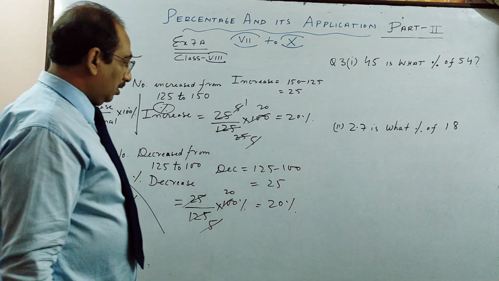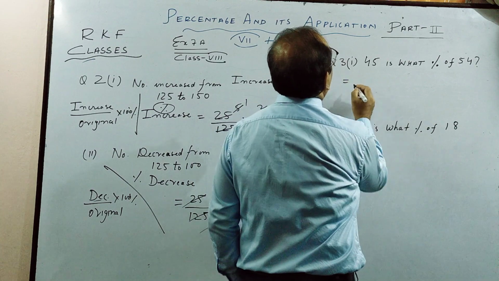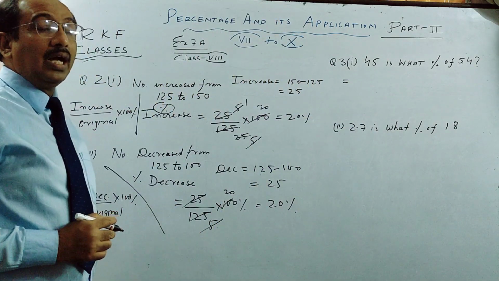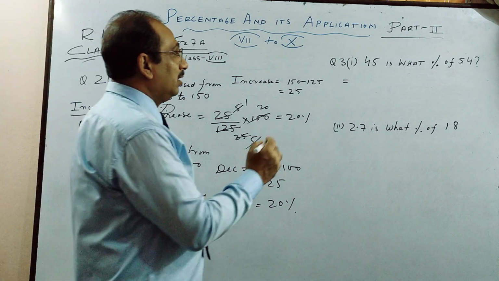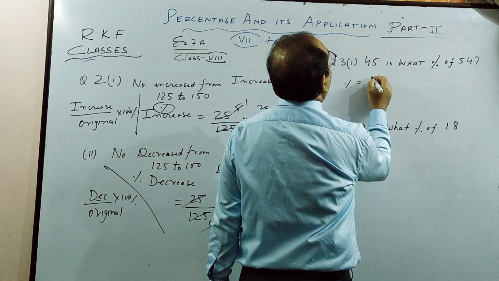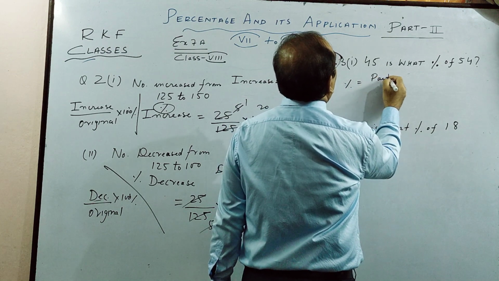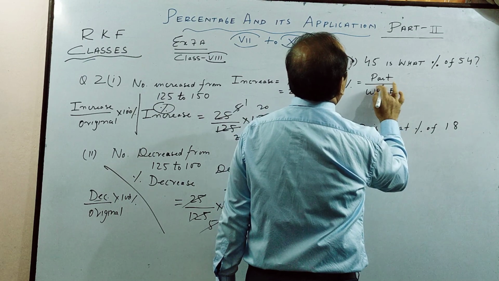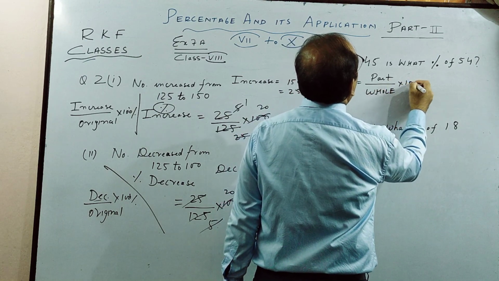So the next question we take: 45 is what percent of 54? You remember I gave you the formula in my part 1. If you have to find percent, that formula is part by whole into 100%.